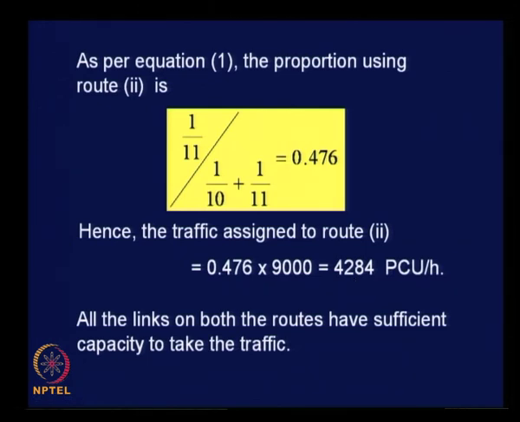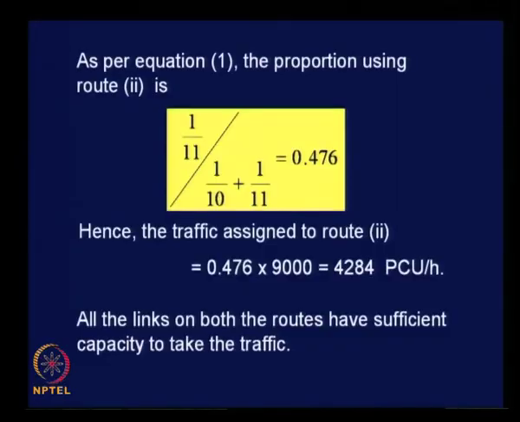If the assigned traffic is more than a link capacity on a particular route, then what to do? You are apportioning traffic along two alternative routes. Let us say in one alternative route, one of the links may not be able to take the assigned traffic volume.